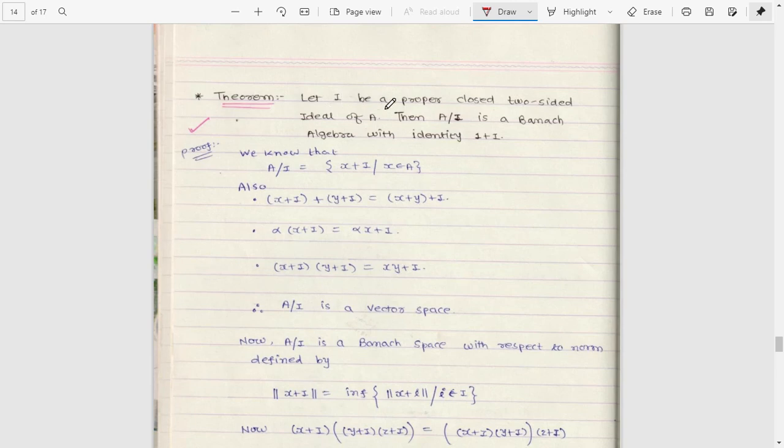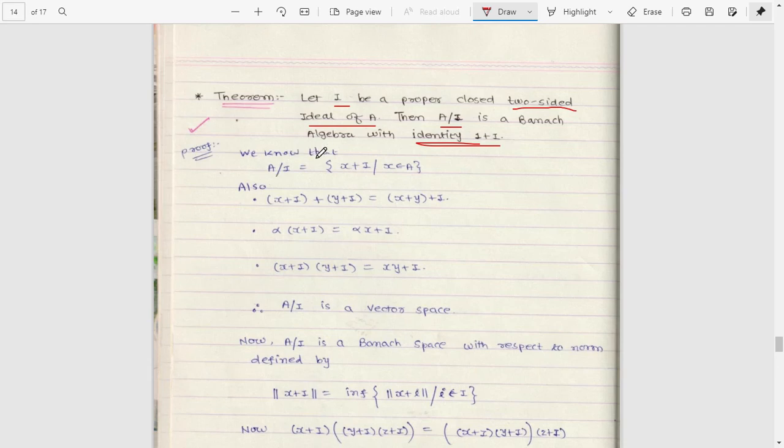Let I be a proper closed two-sided ideal of A. Then A by I is a Banach algebra with identity 1 plus I.